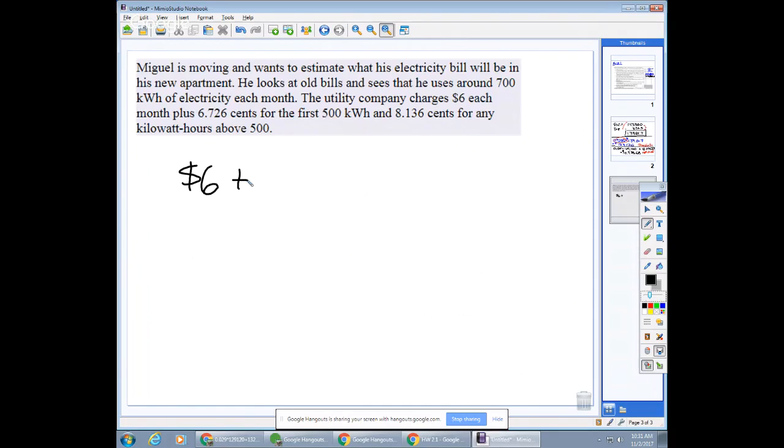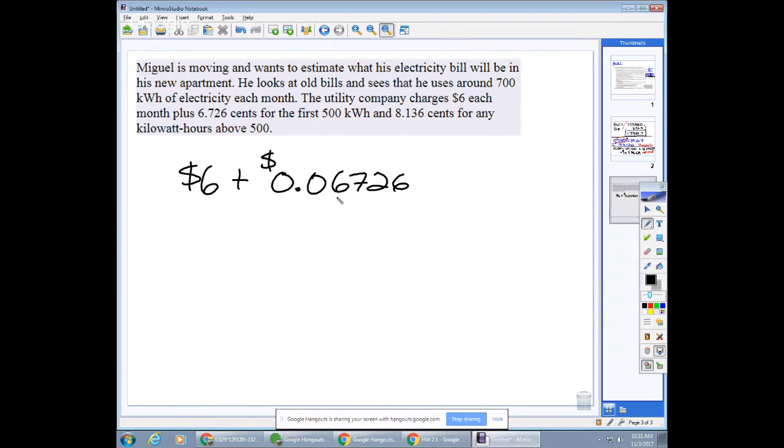Now, that's a problem because usually we work in dollars. So I'm going to have to convert that to dollars, which means I have to divide by 100. So it's kind of like a percentage. So that's going to be 0.06726 as a dollar amount. Right? So remember, a cent is 1/100th of a dollar. So there's that 6 in the hundredths position.